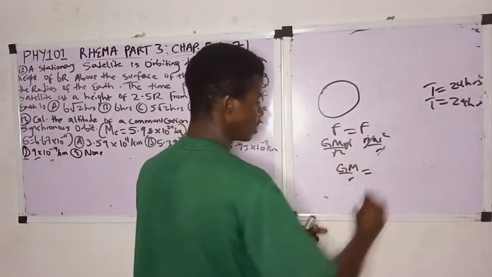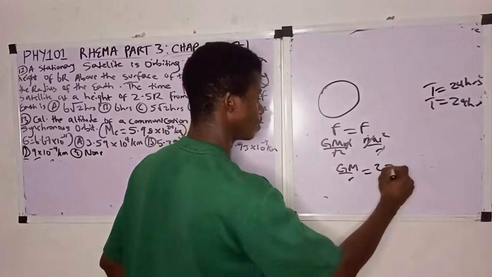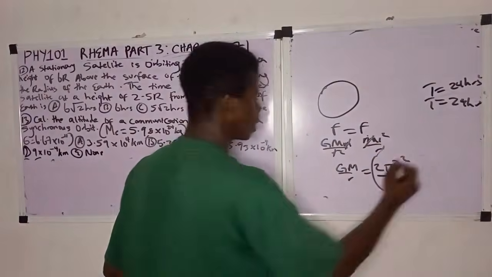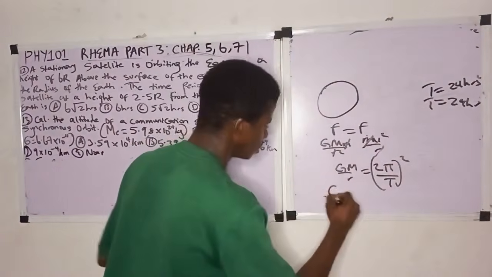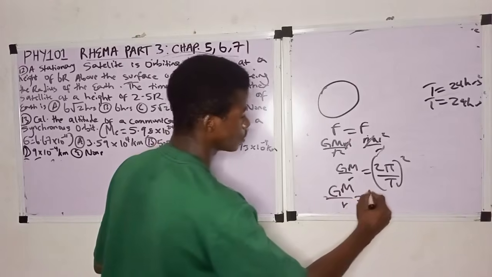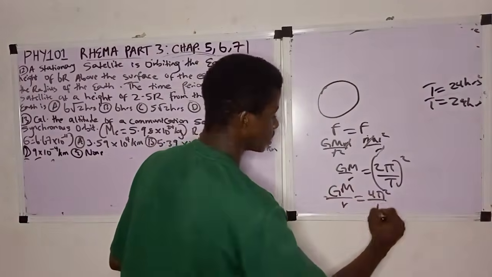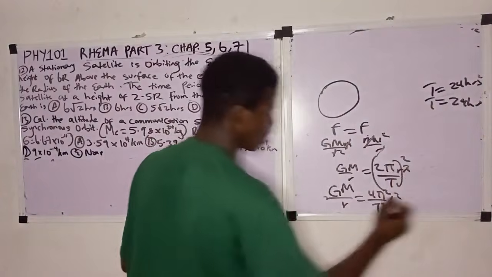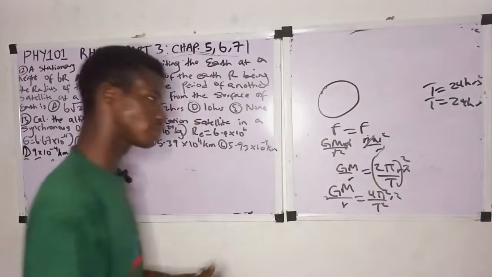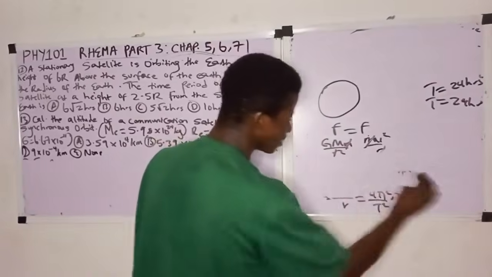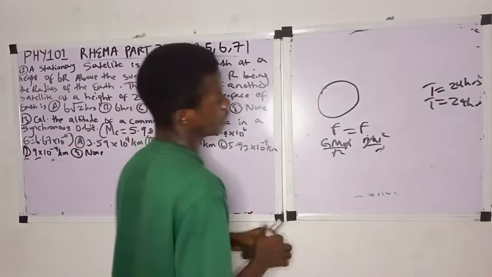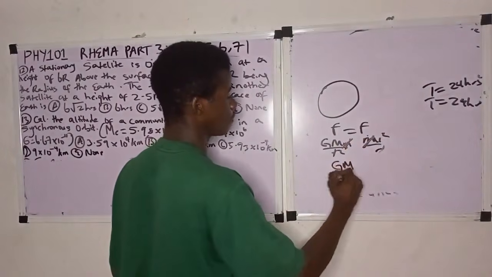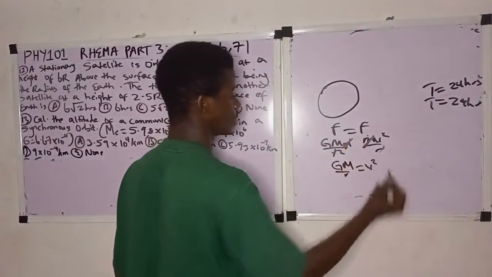Then we know v is 2 pi r over T, all squared. GM over r is equal to 4 pi squared over T squared. Forget that, it's r squared. Let me start again. So we cancel this and are left with GM over r equals velocity squared.